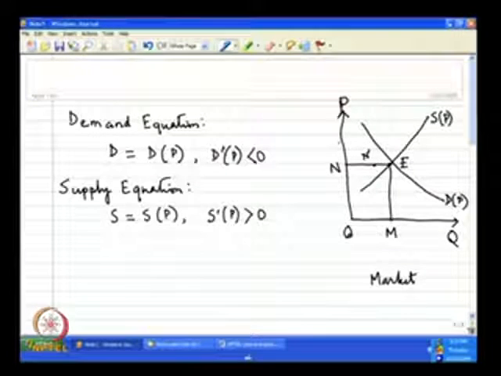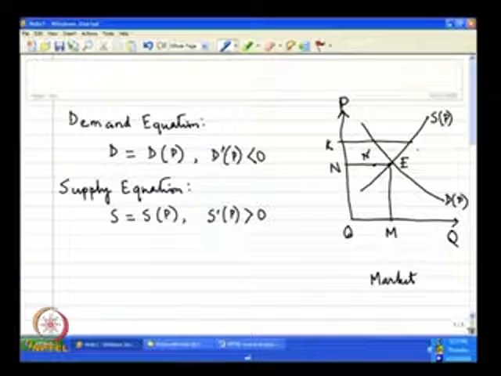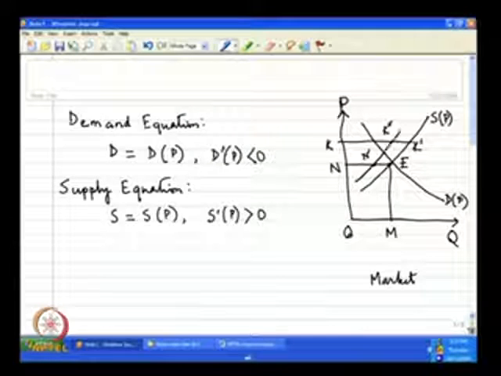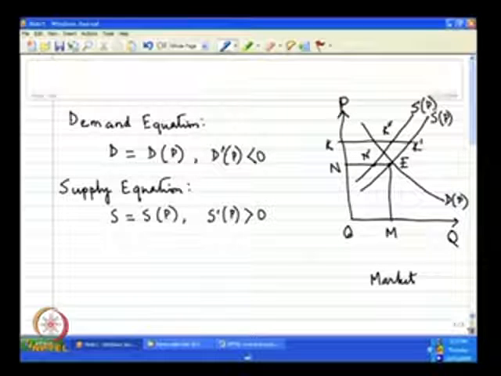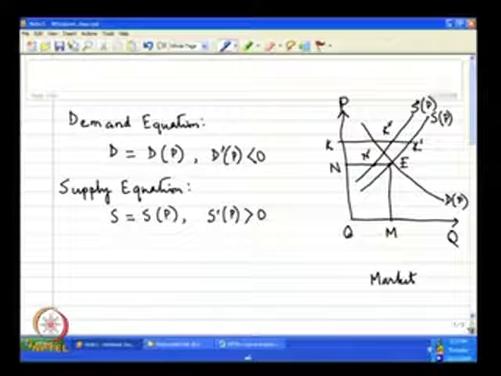Similarly, take any other price, suppose it is K. At OK price, previously the supply was a certain amount, but now after more exports, it has come down to K double dashed. If I join all these points N dashed, K double dashed, I get the new supply curve. Let us call this S dashed P. S dashed P is the supply curve which arises because the suppliers are now supplying more goods abroad and selling fewer goods in the domestic market.